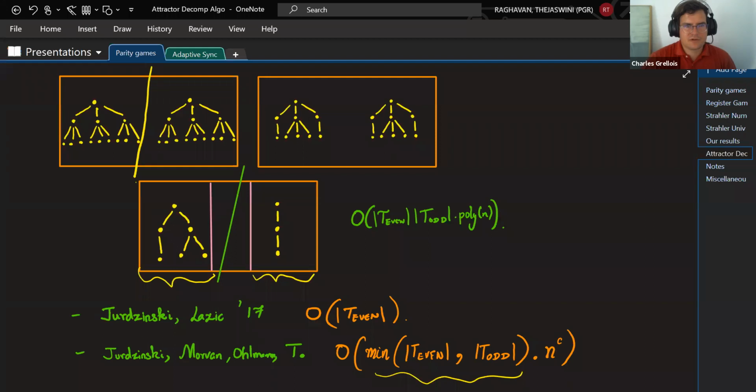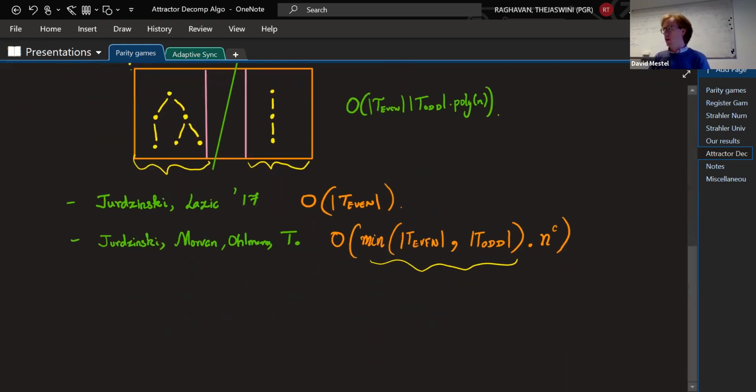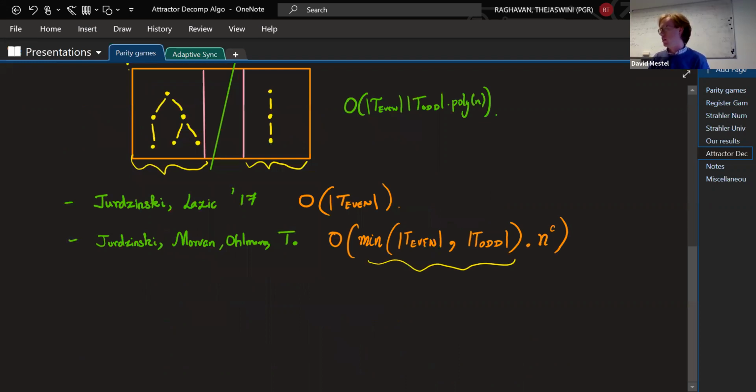No question? So this is maybe a kind of dumb question about your very last thing. If I have a game where it so happens that every vertex is a win for even, but for really complicated reasons, this is kind of saying you can do that in just polynomial time. Is that right?